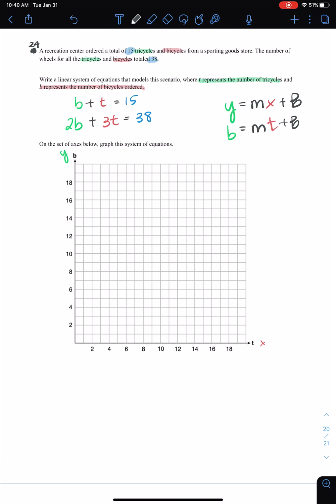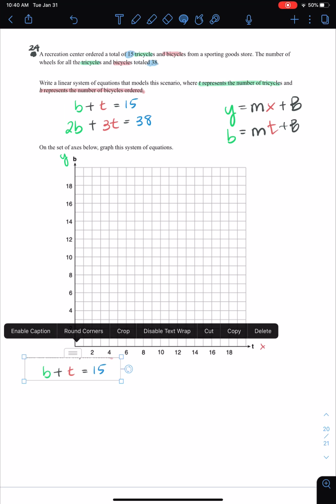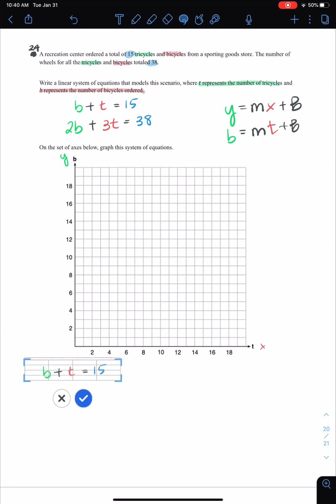All right, so we have b plus t is equal to 15.